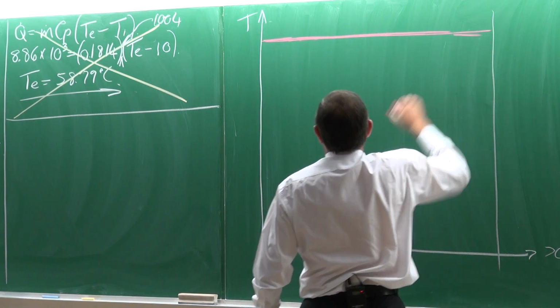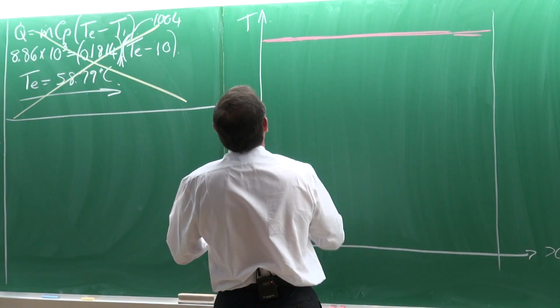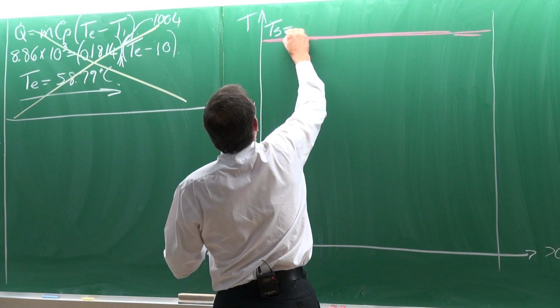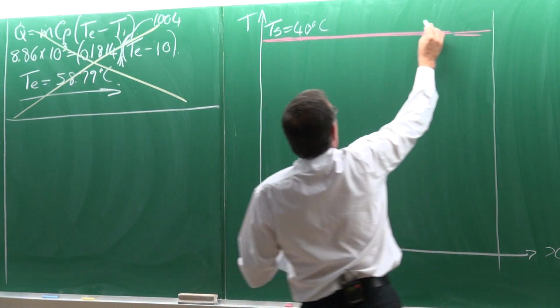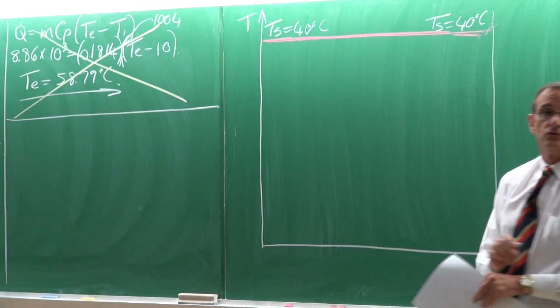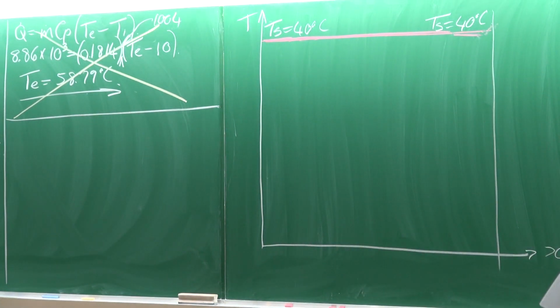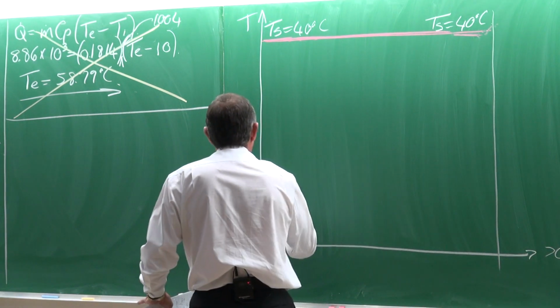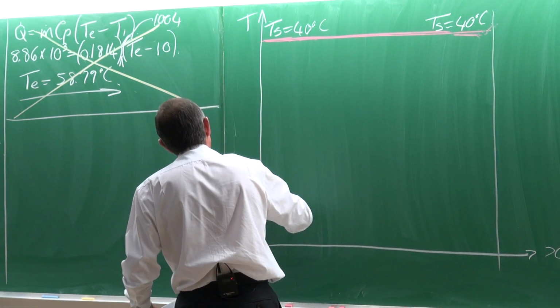And this temperature is constant. So the temperature there is 40 and it remains to be 40. Right? The inlet temperature is 10 degrees.